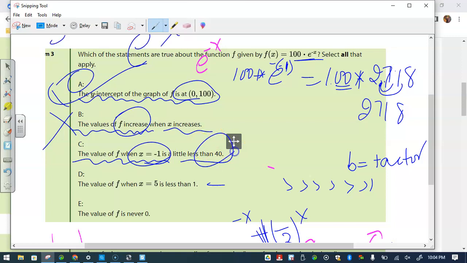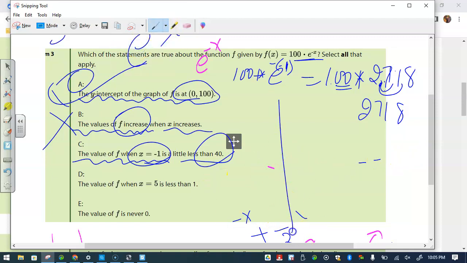And he says less than 40, how can it be? You can also use your common sense and say, since the graph, when it is 0, was 100, right? This was 100. So if it is minus 1, he's saying it should be less than 40. So this is 40, this is 50, let's say.